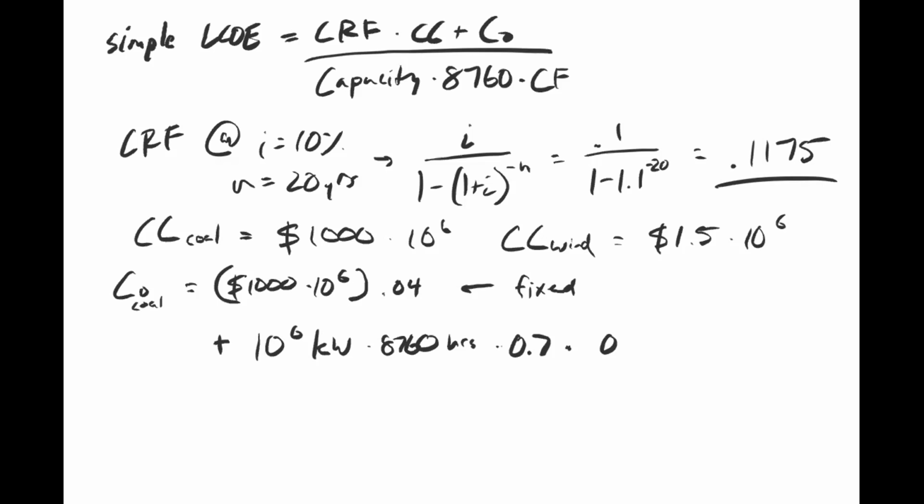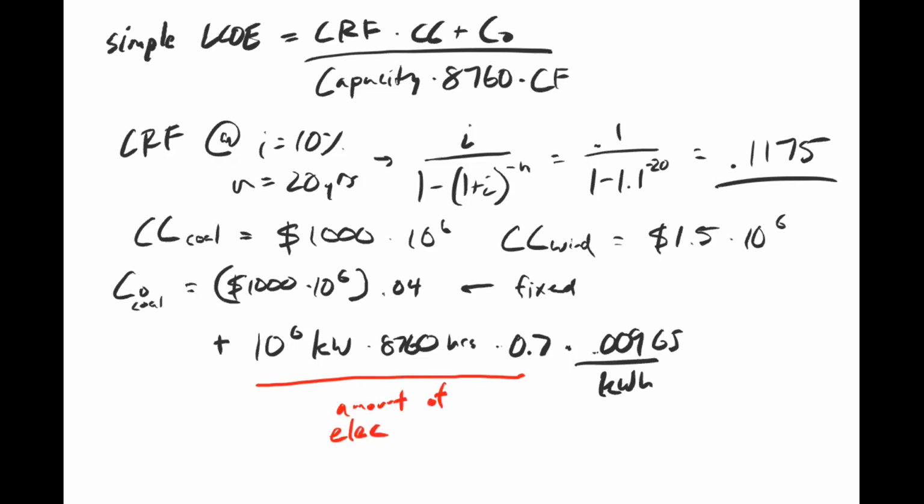Okay, and so this will tell us the kilowatt hours produced by the power plant. Now I'm going to multiply this by 0.009 gigajoules per kilowatt hour. So this is the heat rate, aka the efficiency. So it's going to turn the amount of electricity that we produce into an amount of coal energy that's needed.